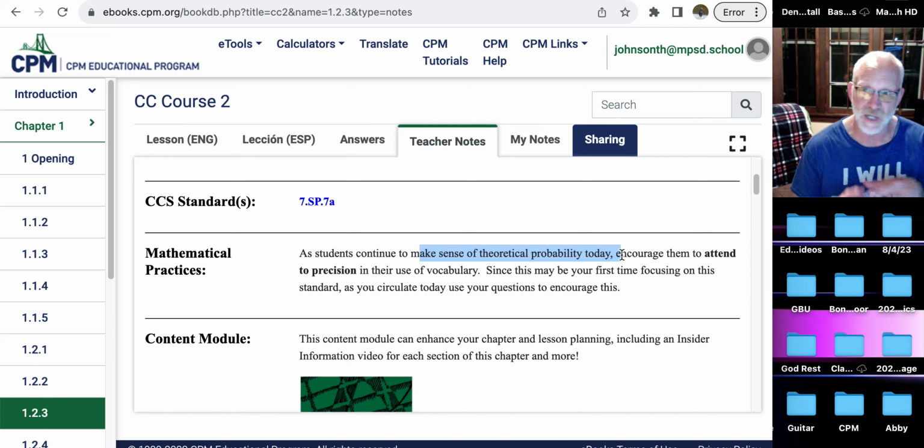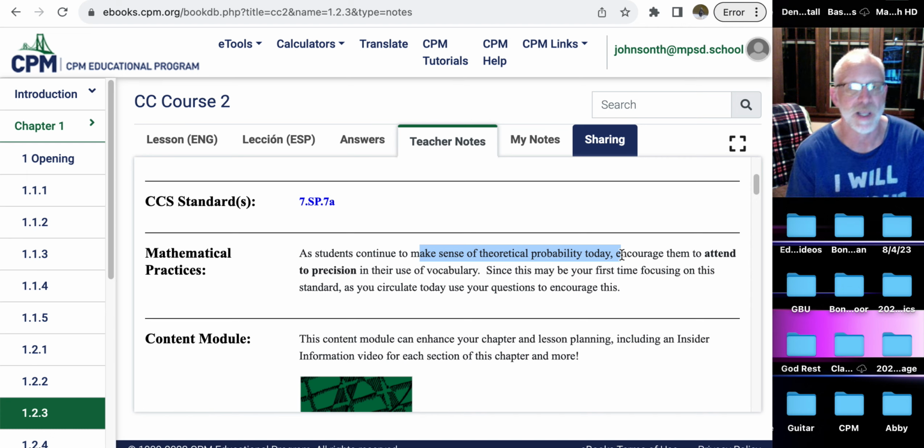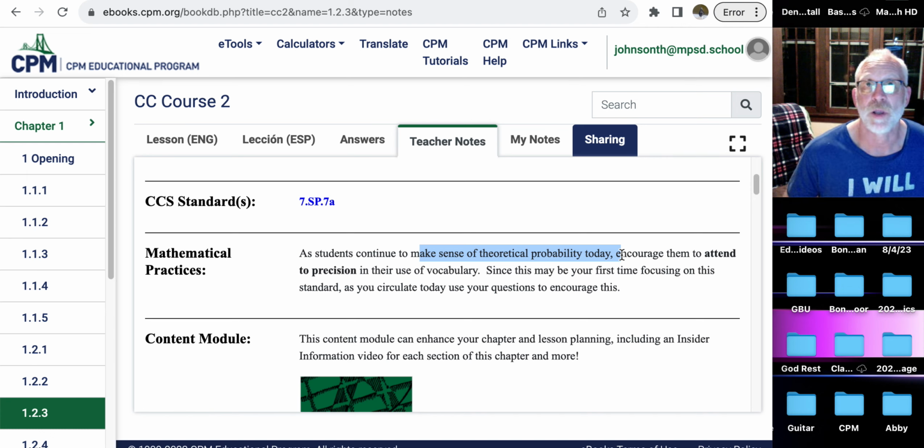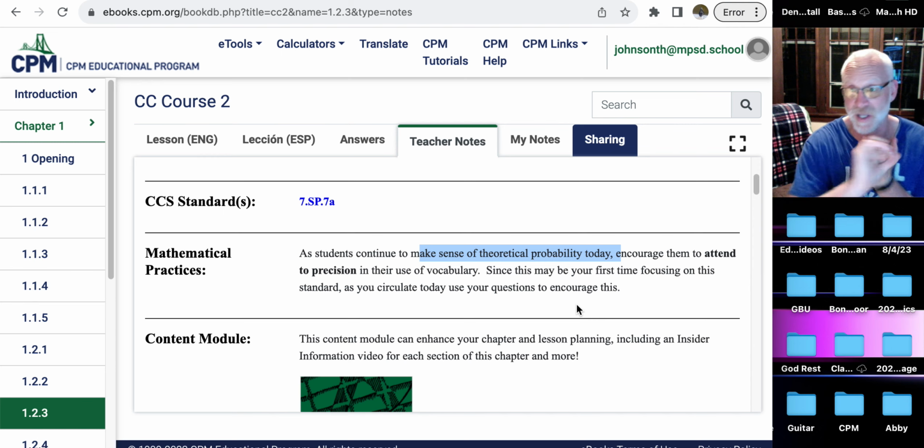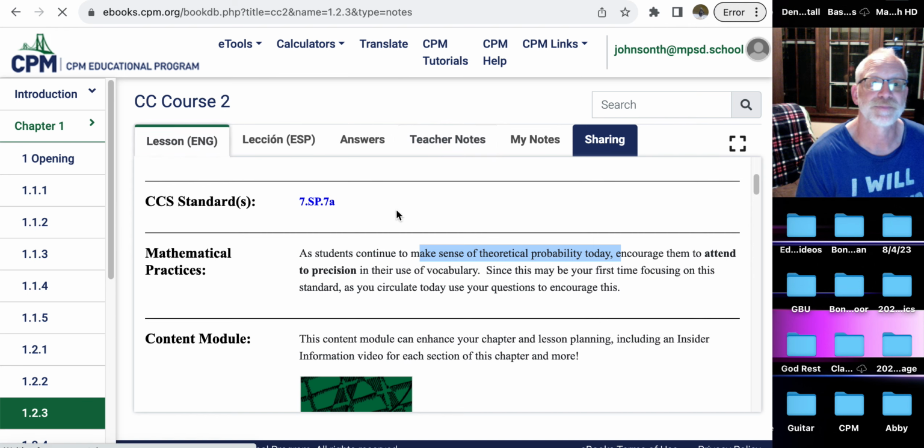Remember yesterday we did experimental probability, and experimental probability is the doing probability, and theoretical probability is the thinking or the mapping out with numbers. So we're going to map things out without actually conducting an experiment. If we did the experiment, that's experimental probability. Today we're doing theoretical probability.